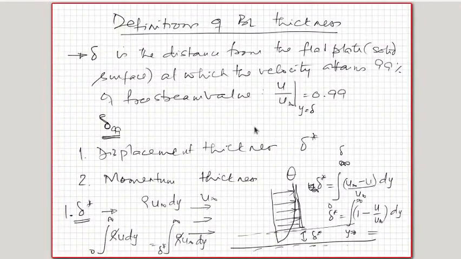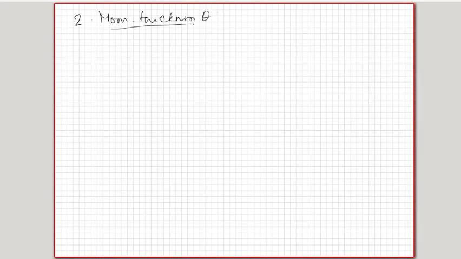So you can define the momentum thickness exactly in the same fashion. Now, instead of looking at mass flow rate, we look at the momentum. So momentum thickness theta is the distance by which the boundary layer is apparently displaced so as to carry the same amount of momentum as it is in the boundary layer flow, but with only free stream velocity.